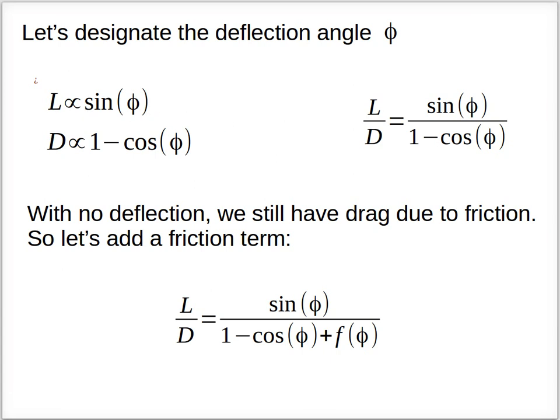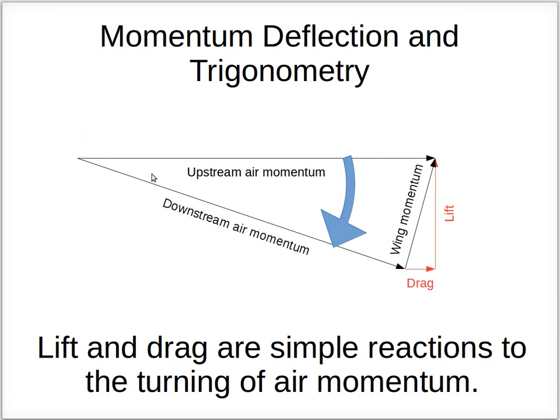Here we have this angle encompassed by this blue arrow as phi, and we can see that the lift is proportional to the sine of phi, and that the drag is proportional to 1 minus the cosine of phi, where 1 represents the upstream air momentum, and the trigonometric angles are relative to the downstream air.